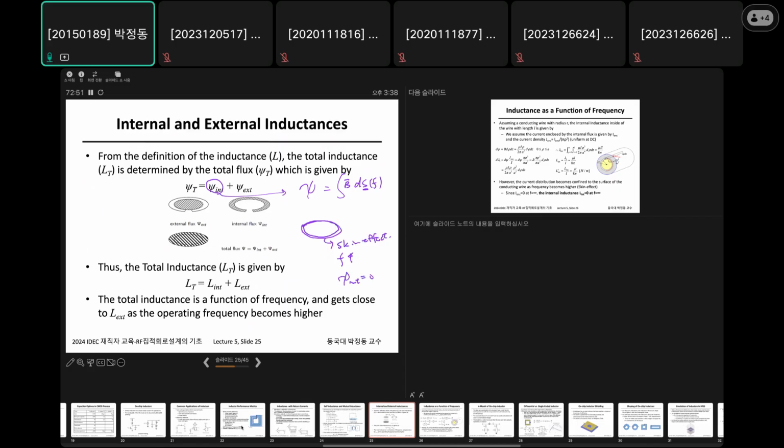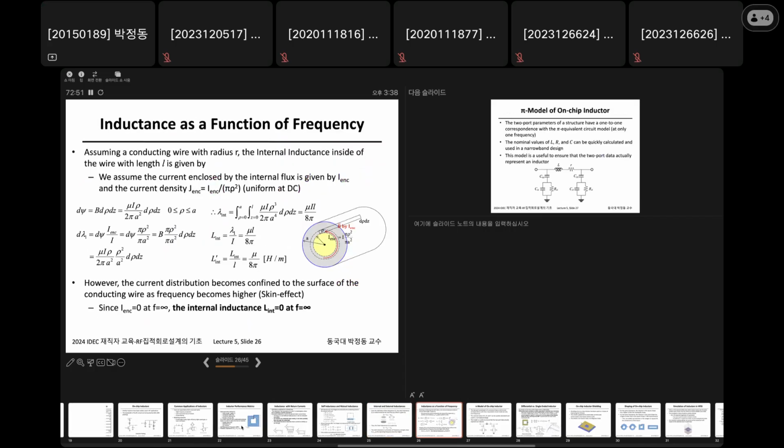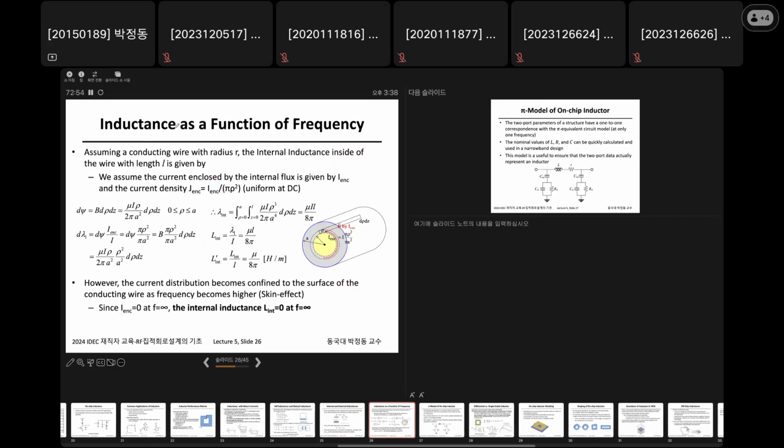Here the internal inductance is, as I said before, mu over 8 pi, which is relatively small.